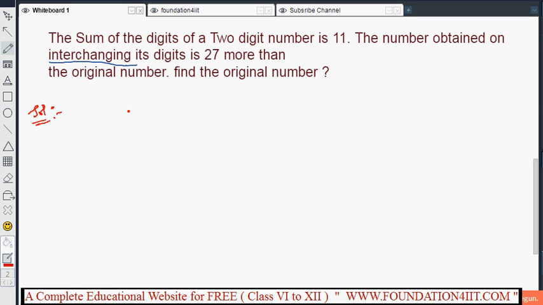Let the tens place be x and units place be y. So according to the first condition, x plus y is equal to 11.